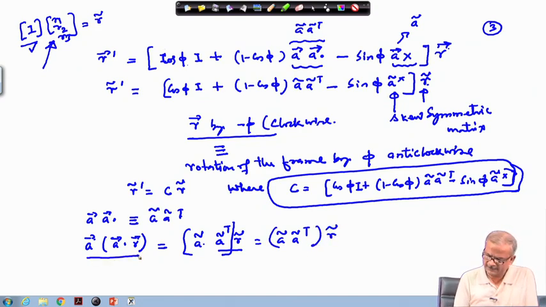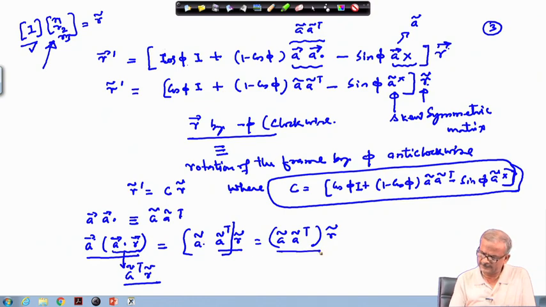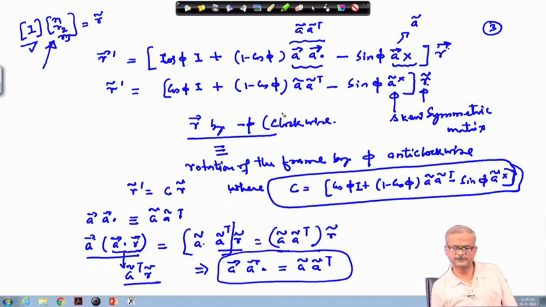Ultimately this is a vector, and this itself is a scalar. But if we break this part as a tilde transpose times r tilde, which is the inner product, that is a dot product, and separate it out, it gets into this format. So, this implies that a times a dot equals a tilde times a tilde transpose. This is what has been used in the previous one.